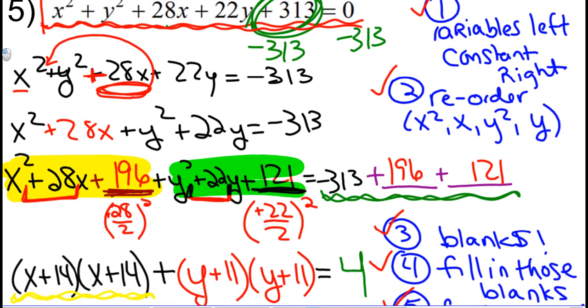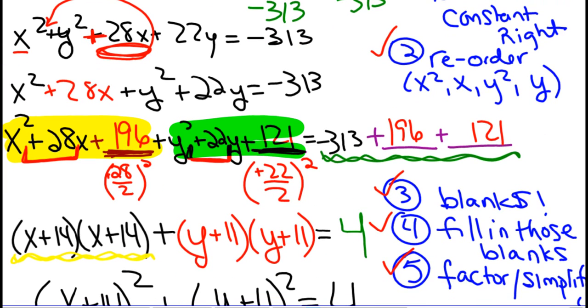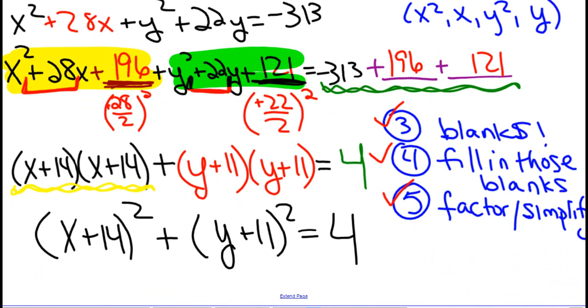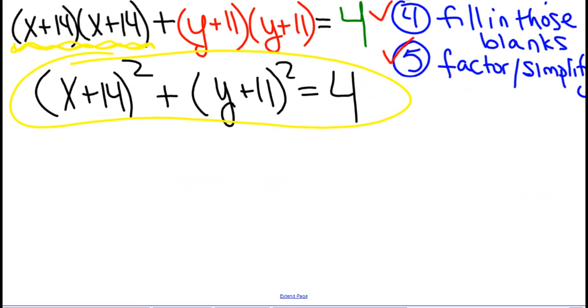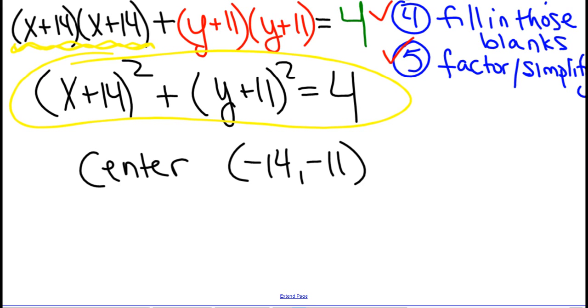We go through the magic and power of algebra. We complete the square a couple times, and we now have our one equation, which we are hopefully starting to get used to, where we have both our center, which is negative 14, negative 11, and our radius, which is 2.